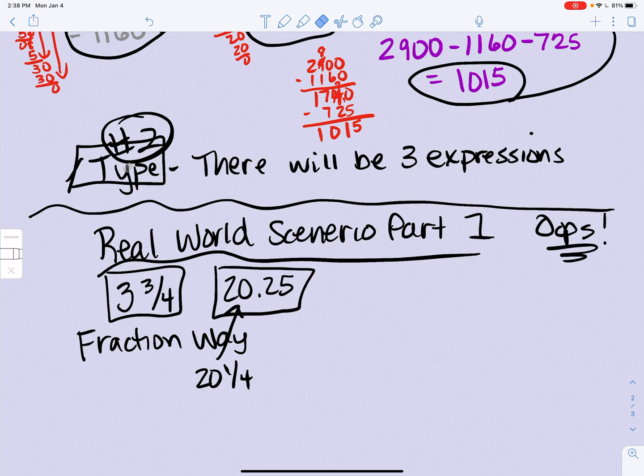So we're going to do division with fractions first, if that's the way that you choose to do it. We're going to divide 20 1/4 divided by 3 3/4.